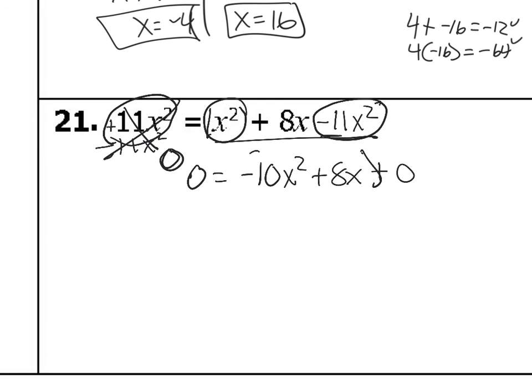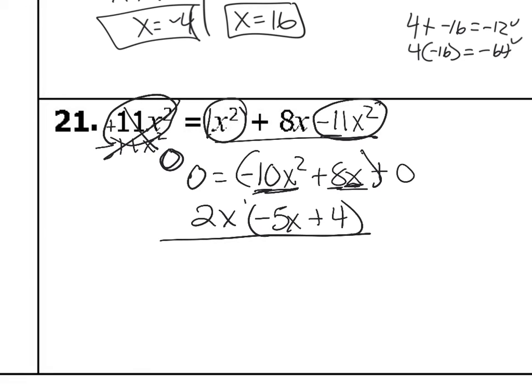Okay. Looking at this, do I have a GCF? Well, they both have x, don't they? Right? And both of them can be divided by 2. So we're going to say 2x times, now I'm going to divide each term by 2x, negative 5x plus 4. All right, so we just pulled out a GCF.